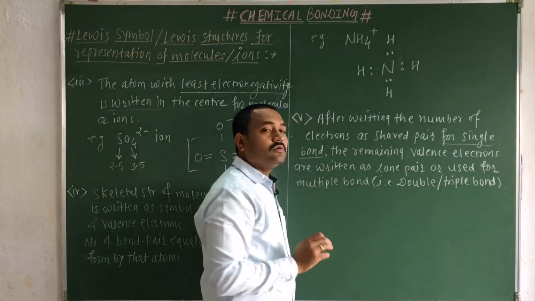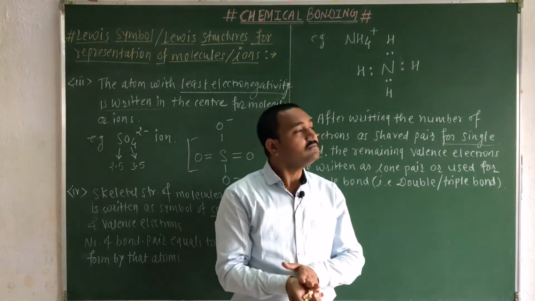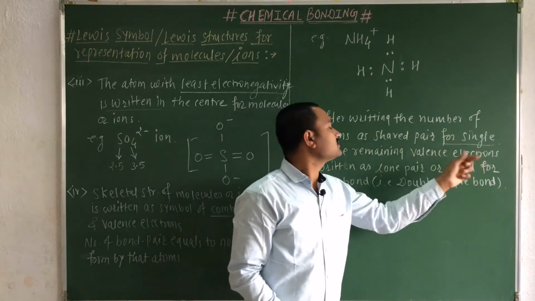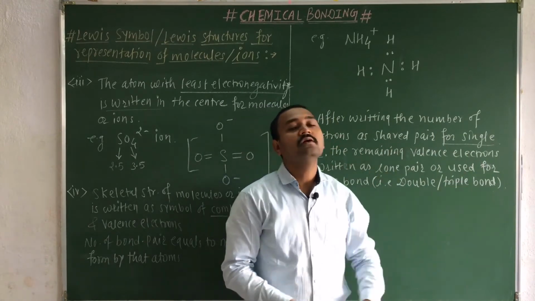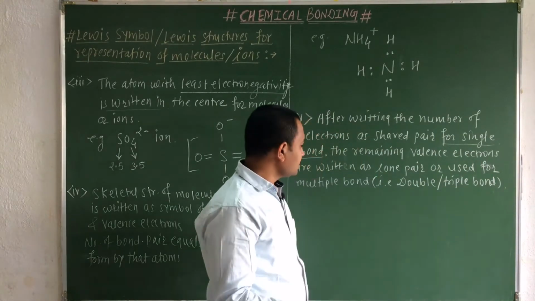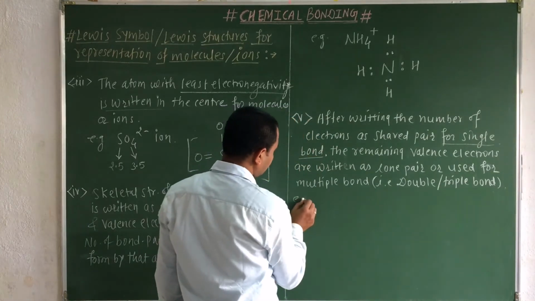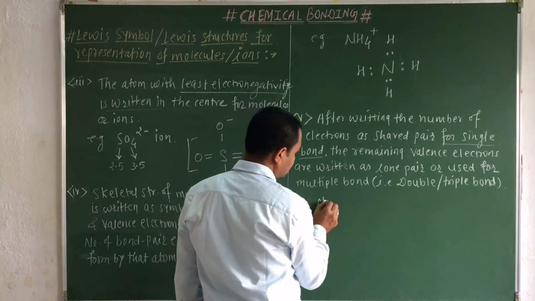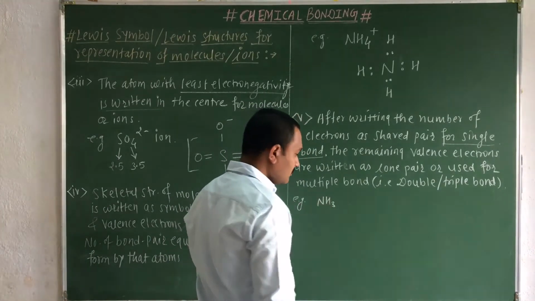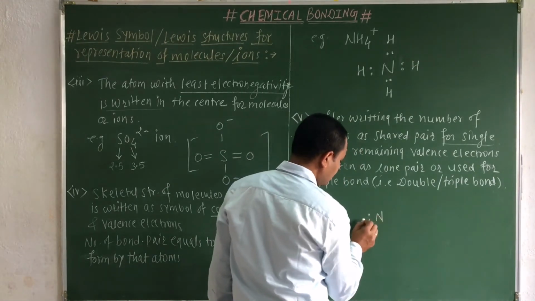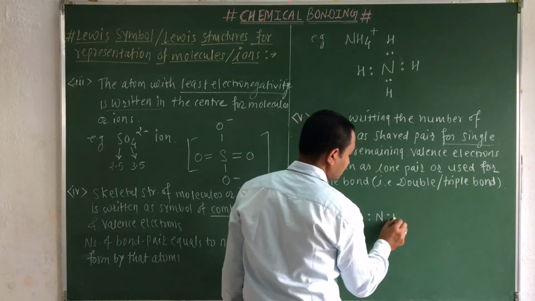So out of the total valence electrons, a few will be written as single bonding electrons, that is nothing but your single bonds, and the remaining are now considered as valence electrons. Now let us consider an example for this one, for example ammonia, that is NH3. Here we know that nitrogen is in the center. Now 3 bonding pairs first of all.